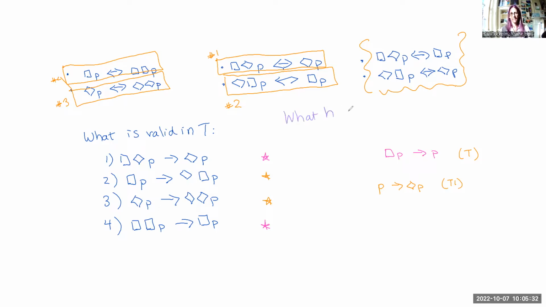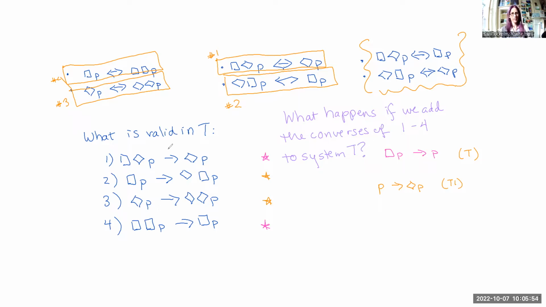So the next question that we are going to consider is, what happens if we add the converses of 1 to 4 to system T. So all of these, just flipping them around.